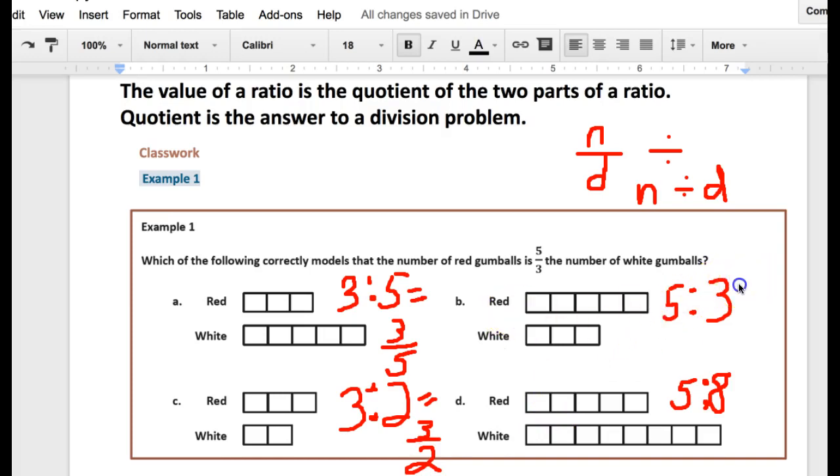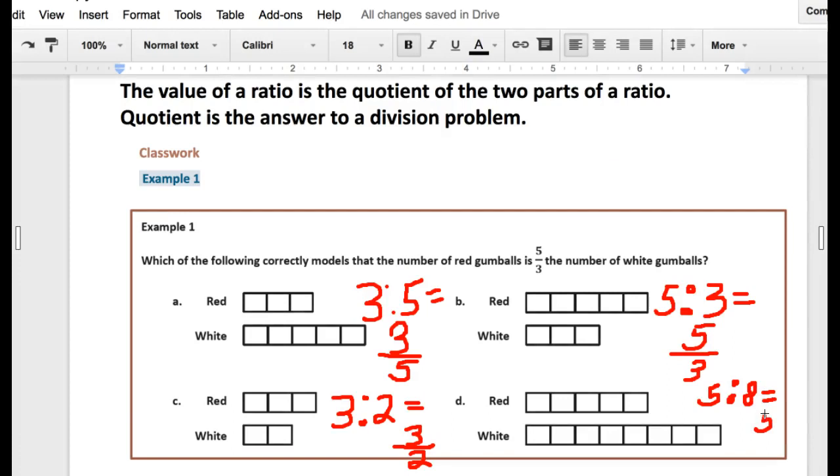B is 5 to 3, and 5 is the first number, so 5 is the numerator and 3 is the denominator. D is 5 to 8, so 5 is the numerator and 8 is the denominator.